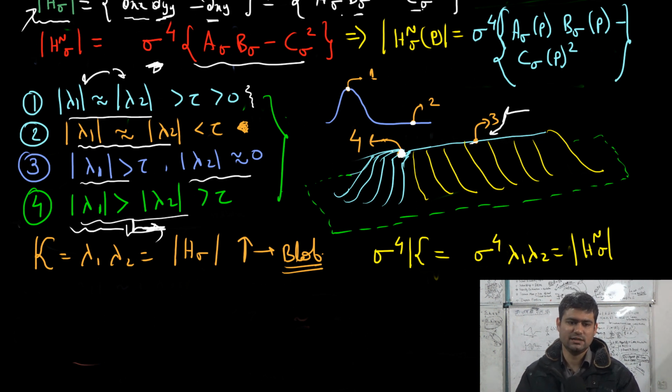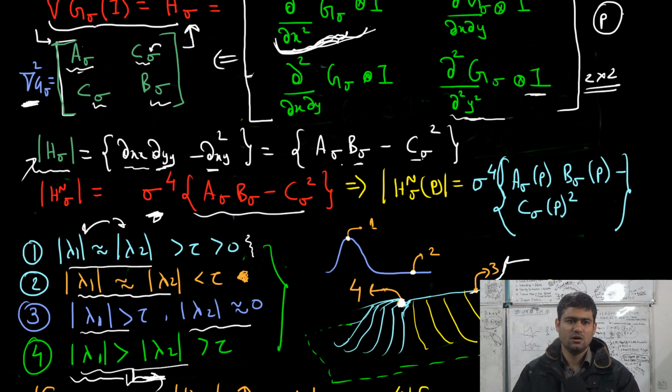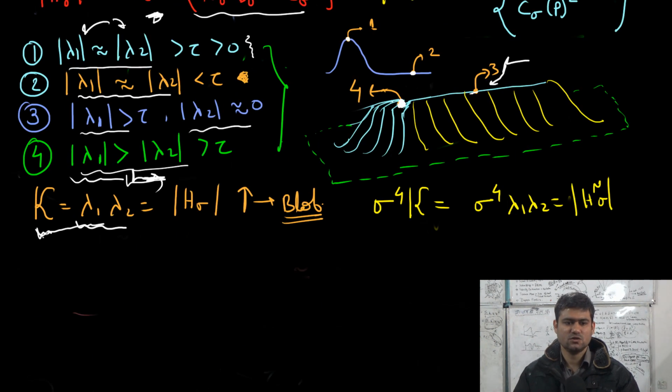Furthermore, recall that we studied that the product of the eigenvalues of the Hessian of the Gaussian convolved image function is also known as the Gaussian curvature, and the Gaussian curvature is equal to the determinant of Hessian.